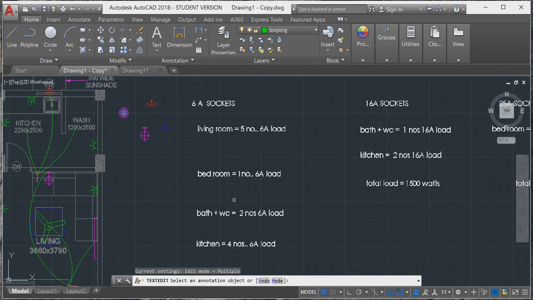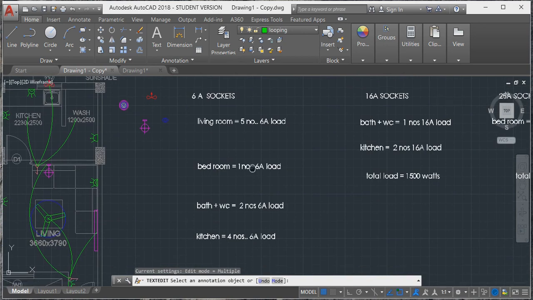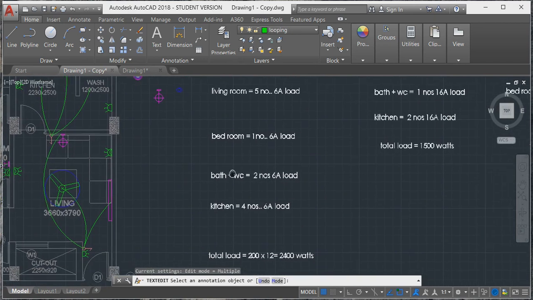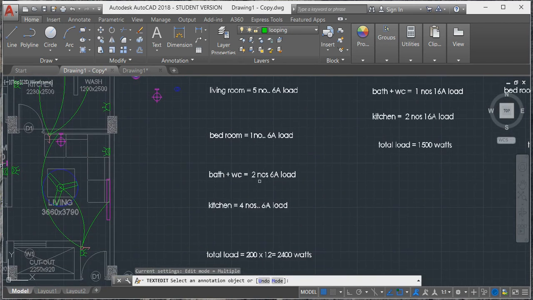There are 5 number of 6 amp sockets in the living room, and 1 number of 6 amp socket in the bedroom, that is the independent socket. In this, bath plus WC equal to 2 number of 6 amp load power.